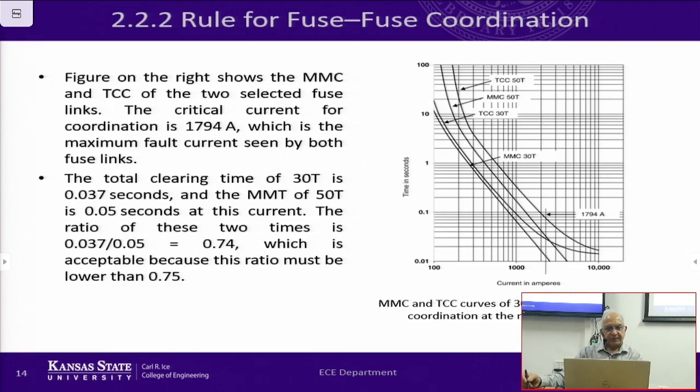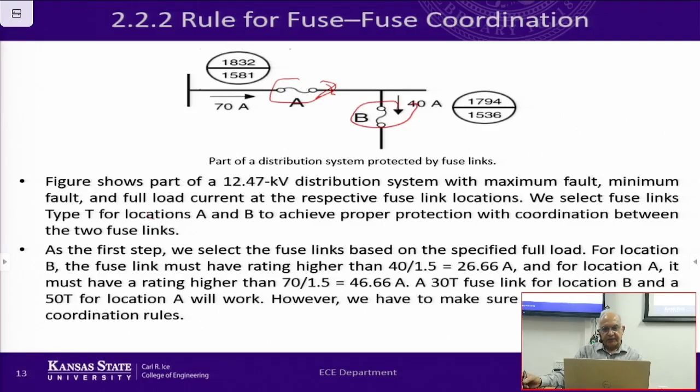Now, what we want to make sure is that 1794, excuse me, is the maximum current that this fuse is going to see, and also it will be seen by A. So 1794 is the current which is seen by both B as well as A. If the fault takes place right here, okay, then 1794 amps is going to flow in the circuit right here. So what we want to make sure is that at that current, the operating time between those two fuses is separated by a sufficient margin.